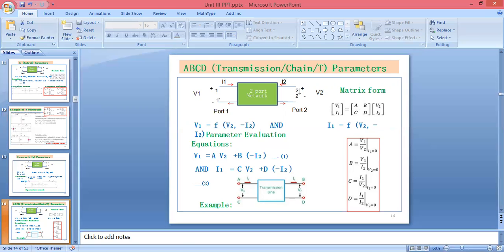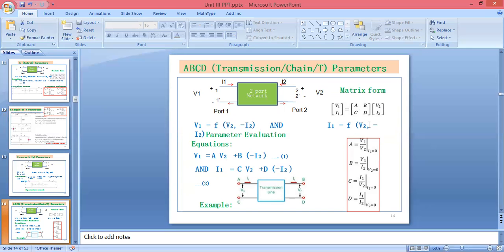So we will get the equations V1 equal to a function of V2 and minus I2, and I1 will be a function of V2 comma minus I2. We are taking the current as negative here.